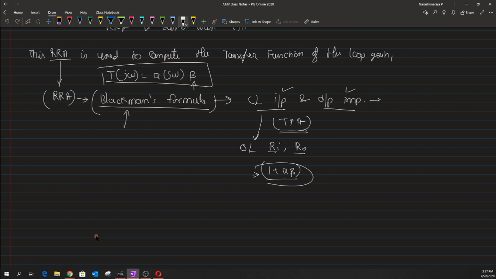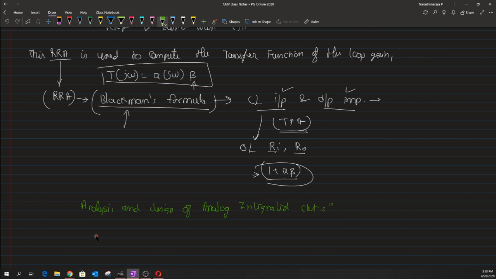But because it is not part of our syllabus, we will not discuss it, but I would urge you to follow this textbook, which is titled Analysis and Design of Analog Integrated Circuits.